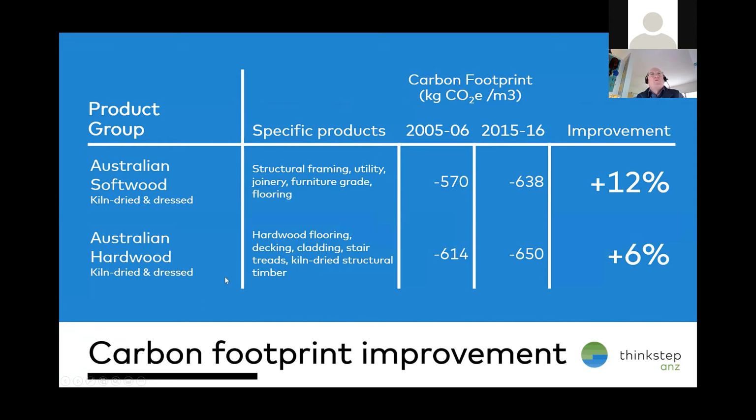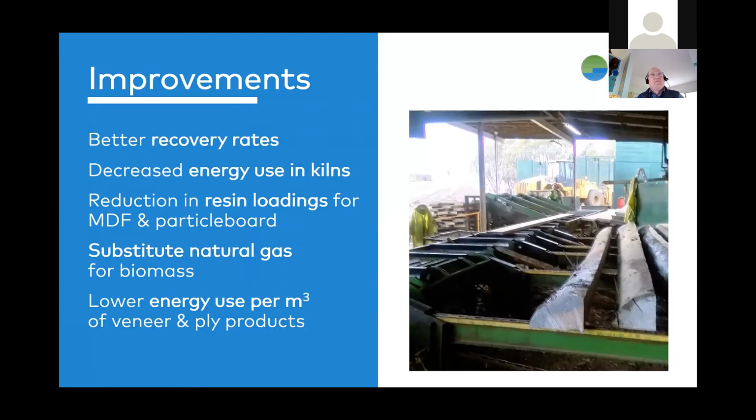So that's another good use of EPDs, and the life cycle assessment that goes in behind them, understanding what improvements are being made in terms of the carbon footprint. So you can't rest on your laurels. Sure, you've got a nice negative number there, but you also want to drive improvement in the manufacturing sector.